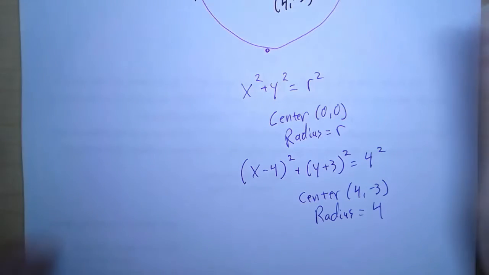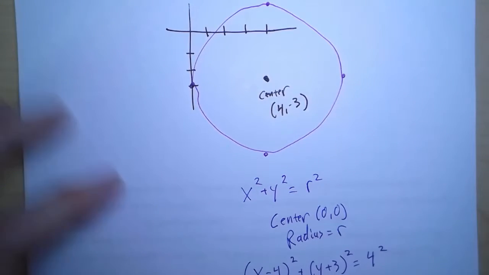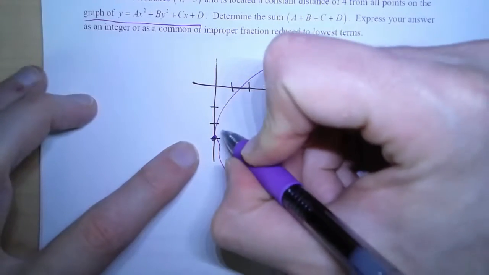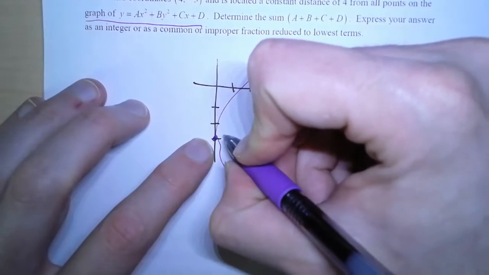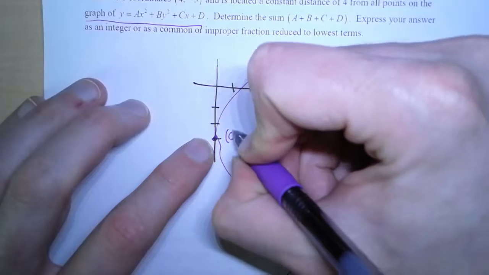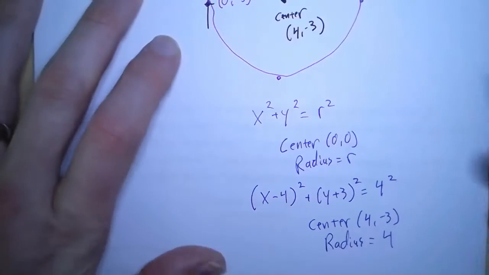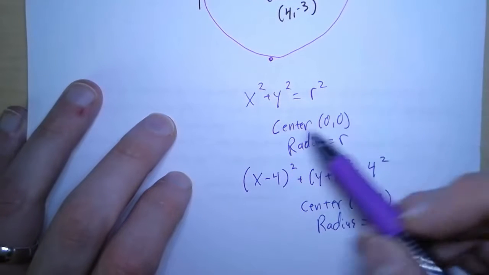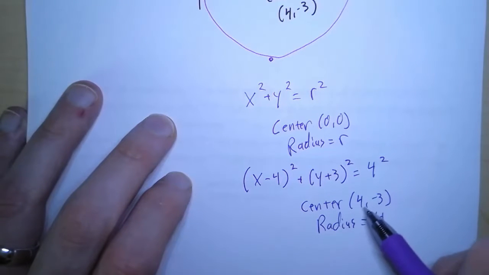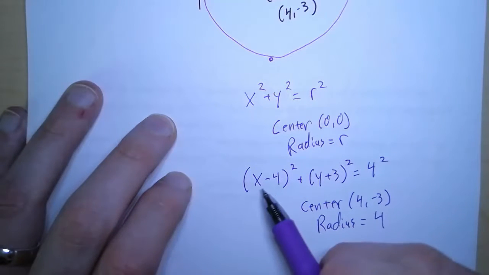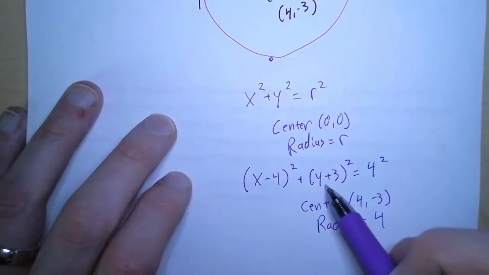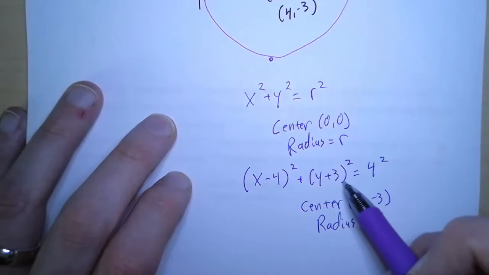Now one way you could check that is that you know that this point right here is at 0, -3. Some people have difficulty figuring out, with the center at 4, -3, whether it should be x plus 4 or x minus 4. Same thing for y, whether it should be y plus 3 or y minus 3.